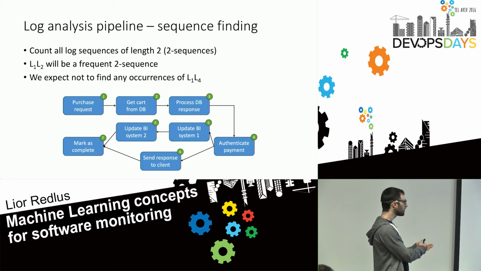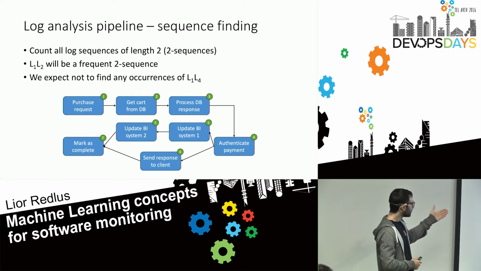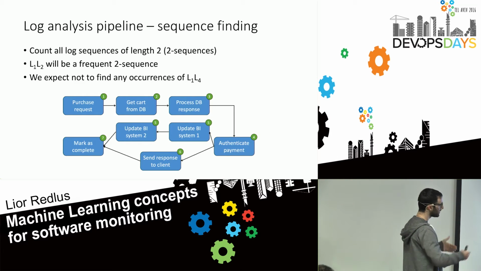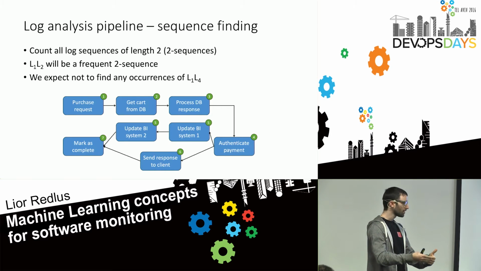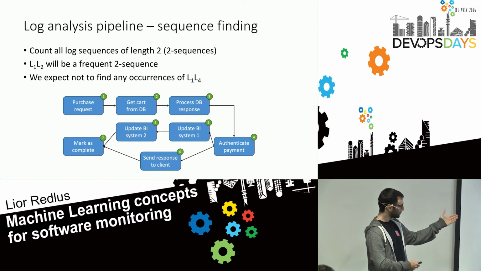These will happen rarely, only when 2 actions come in at the same time, where one purchase has just begun and another purchase already authenticated the payment, so we'll find them one after another. But mostly, L1 and L2 will be the frequent sequences that we find.